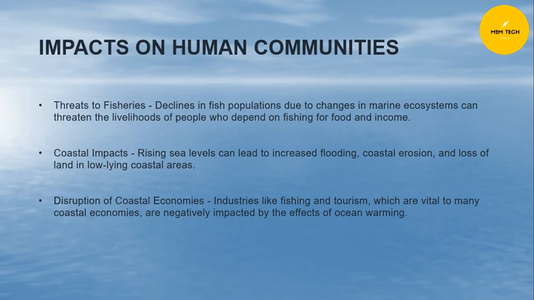We have coastal impacts for erosion and loss of land in low-lying coastal areas, and disruption of coastal economies, of course, because not just fishing, but also tourism and other activities are being affected by that.